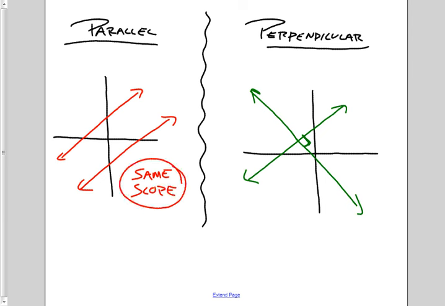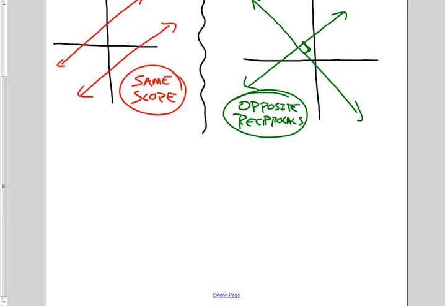Whereas when they're perpendicular, there's something known as opposite reciprocals. And opposite reciprocals, I don't think we need a definition.